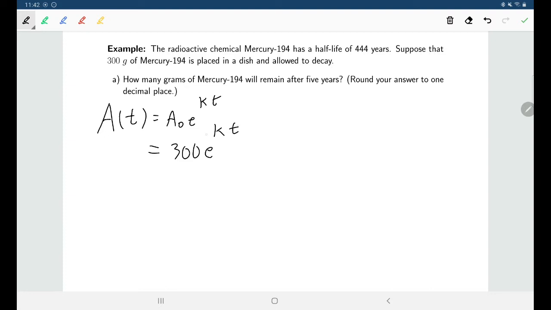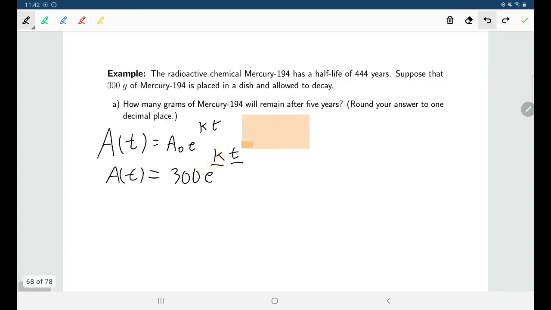We have two things that are currently unknown, our decay constant and time. We're interested in how much will remain after 5 years, so when time is 5. But before we can do that, we'll need to know what our decay constant is. So what I'm going to do now is find out what my decay constant is.